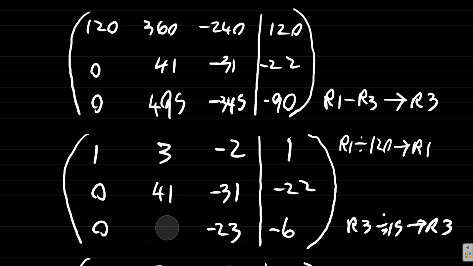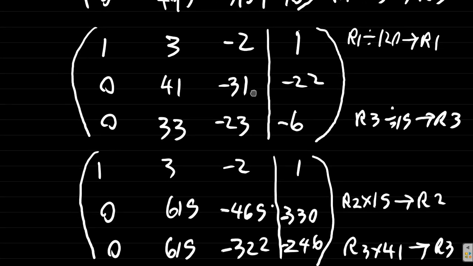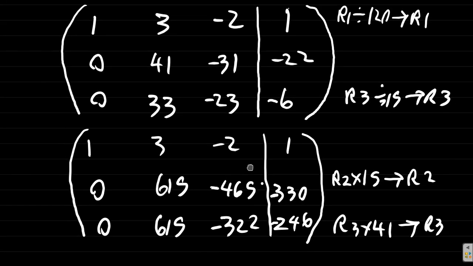Something is wrong here. 495 over 15 gives us 33. Interesting. Negative 90 over 15 is negative 6. Another error.